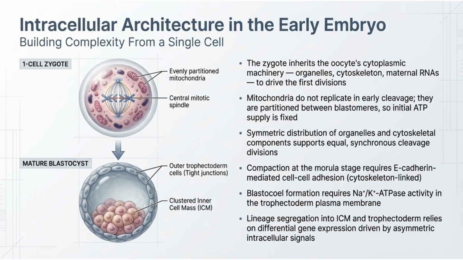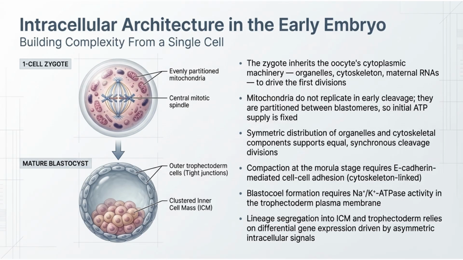The zygote inherits its entire cytoplasmic machinery from the oocyte. Organelles, the cytoskeletal network, maternal messenger ribonucleic acids, proteins, and regulatory molecules. All of these are oocyte-derived.